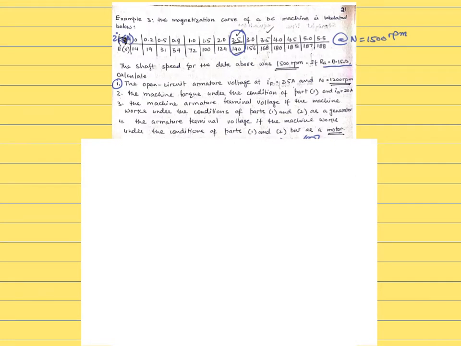Okay, so part 3 of the question, the machine armature terminal voltage here we are finding VA, if the machine works under the conditions of part 1 and part 2 as a generator. So whatever the conditions are given in part 1 and 2, they will be true.